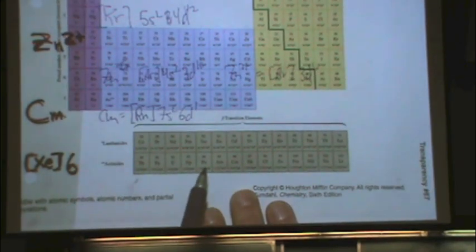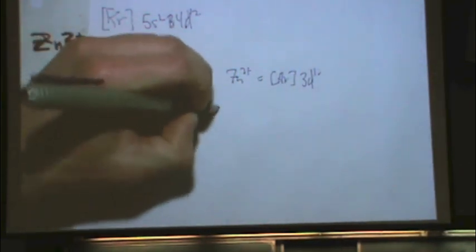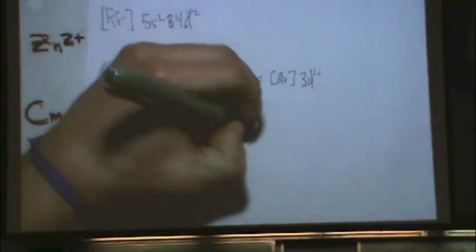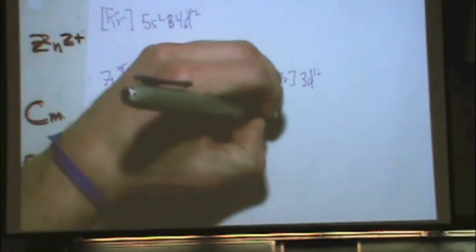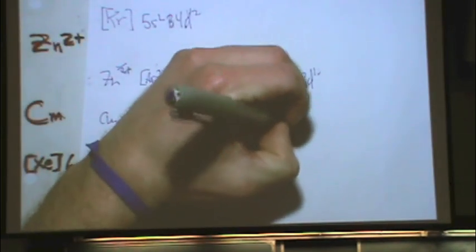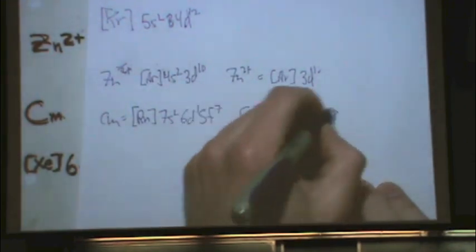So we got to go here. And then we're going to count across 1, 2, 3, 4, 5, 6, 7. So 7 electrons. So 5f7. The other way to write this would have been Rn 7s2 5f8. That's what you would have got if you used this periodic table. It happens to be that this one is different.